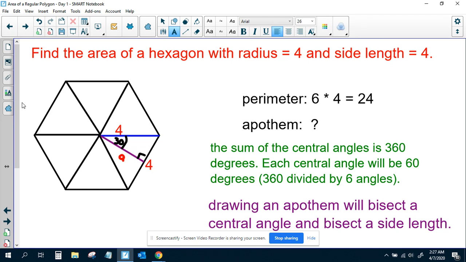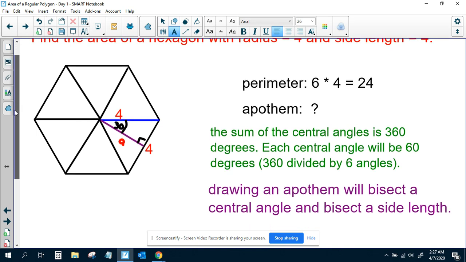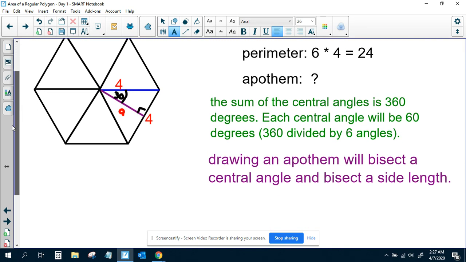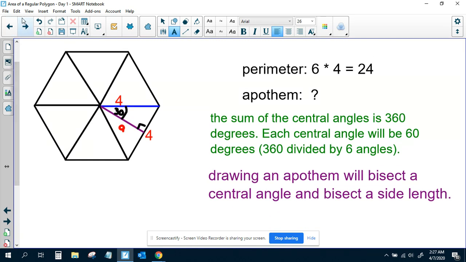Okay, and it looks like now, since we have an angle measure, and we have at least one of the pieces of our trig function, we can go ahead and use that to find out what the length of that purple segment is, the length of that apothem. Okay.